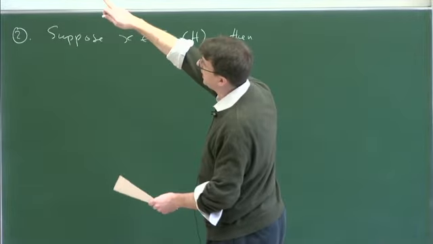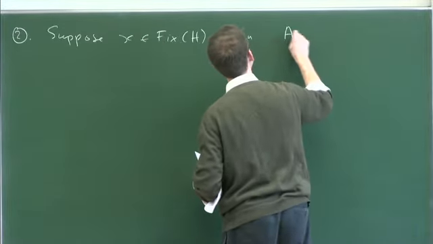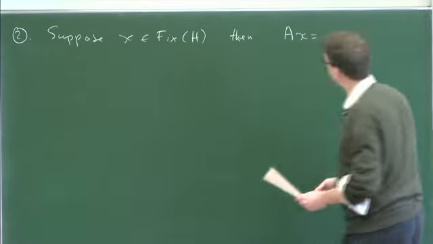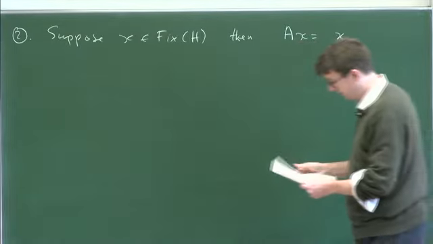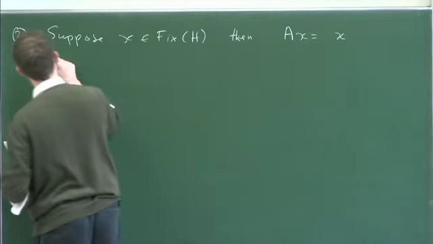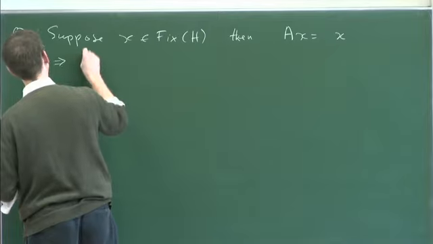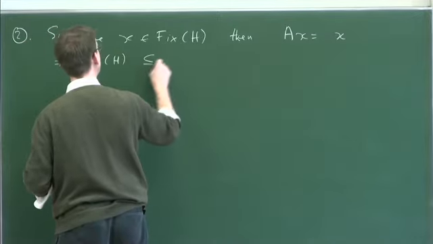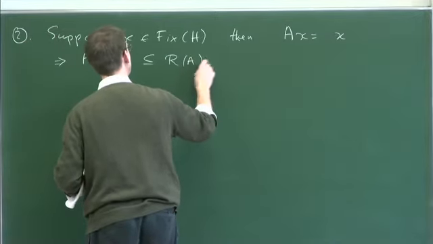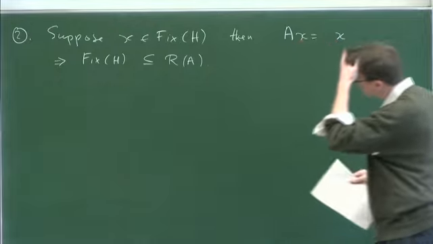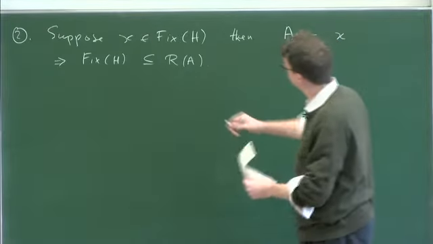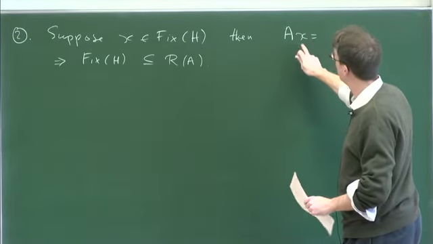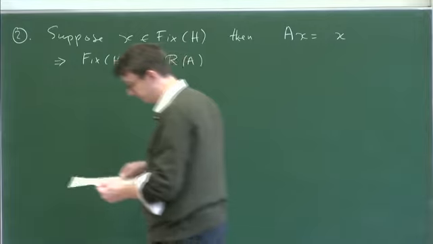So hx is x, which means that Ax is going to be a sum of points that are each just x. So the fixed point space of H is definitely contained in the range. If I start with an x in the fixed point space, then it's definitely given by a point in the range.